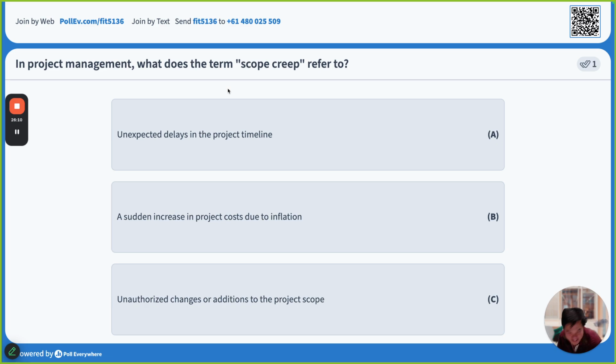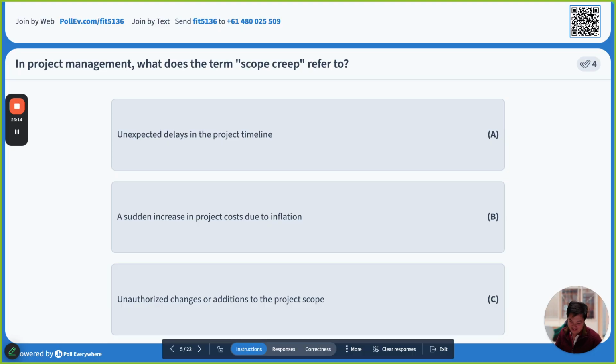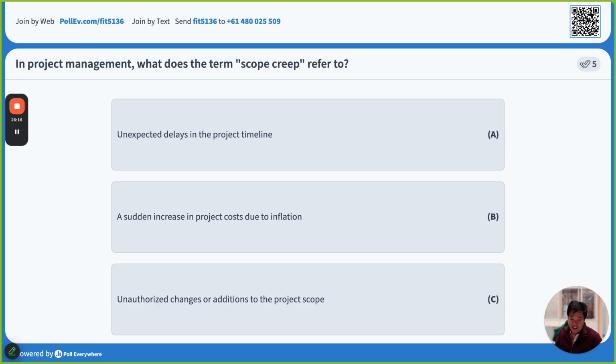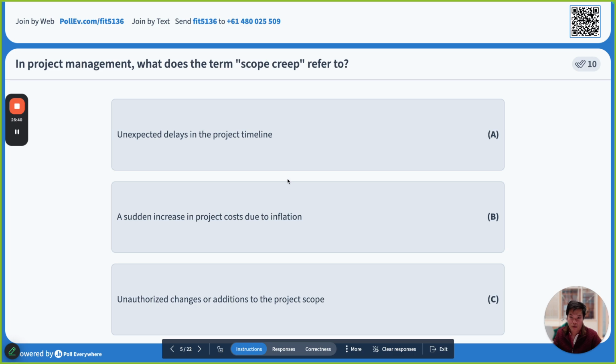Six, seven, eight, nine. Okay, so scope creep, what is that?